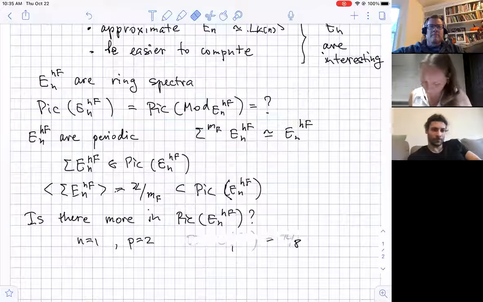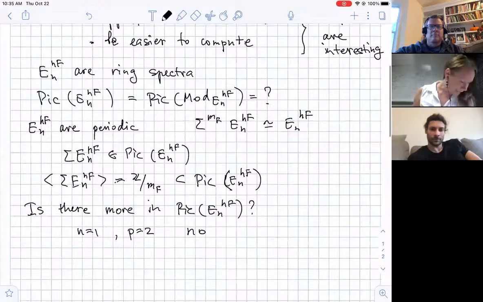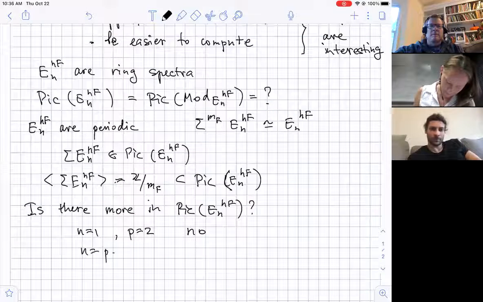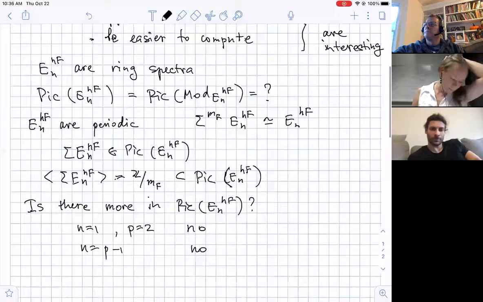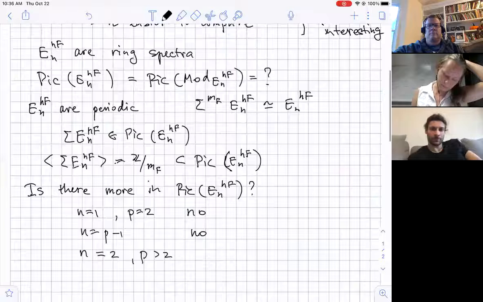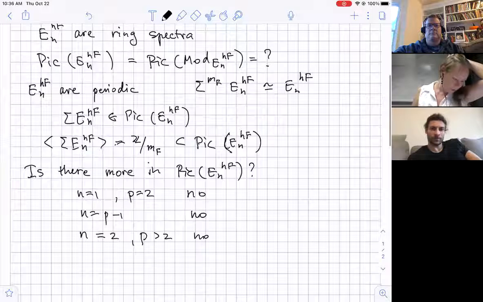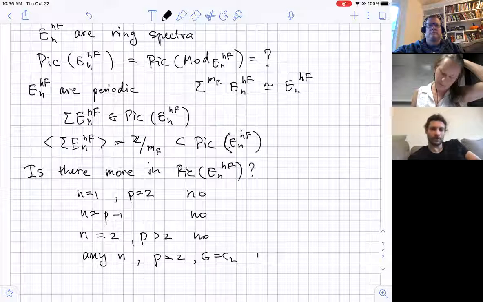I'm just going to say no, because I want to get to the dirty stuff. So no. Then n equals p minus 1, also no. Is n bigger than 2? No. And any n at prime 2 with group C2, also no.